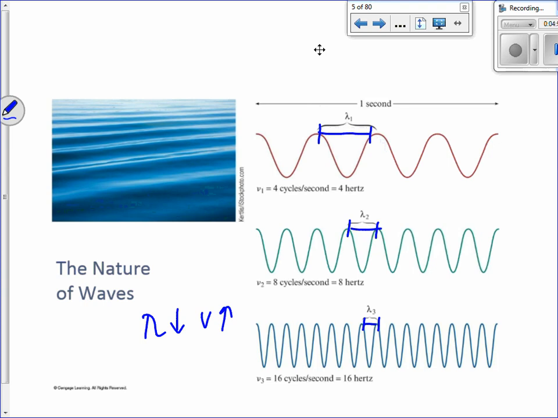So frequency and energy have a direct relationship, whereas wavelength and frequency have an indirect one, and therefore wavelength and energy are going to be indirect as well. The longer the wavelength, the lower the energy. The shorter the wavelength, the higher the energy and frequency. Okay? So keep in mind these relationships between these three variables: wavelength, frequency, and energy.